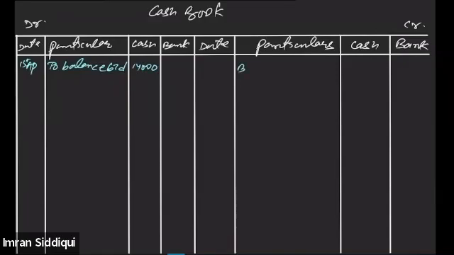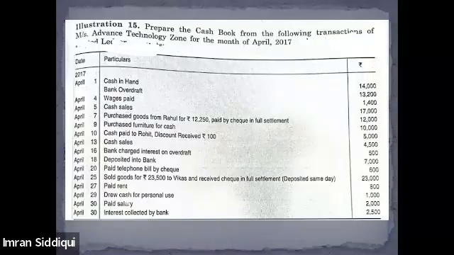On the other hand, the overdraft will be written in the bank column of the credit side of the cash book, by balance BD, and that will be 13,200. So why are we writing this on the credit side? Because it's an overdraft. If it is not an overdraft, we will be recording that on the debit side, just like the cash balance.